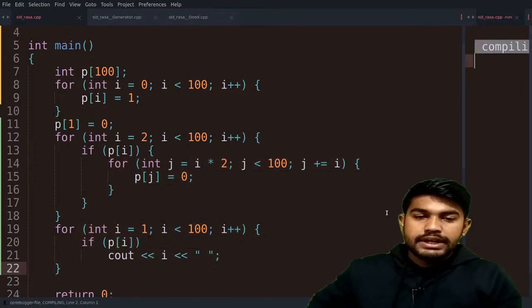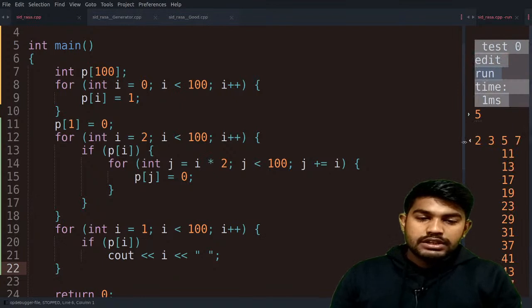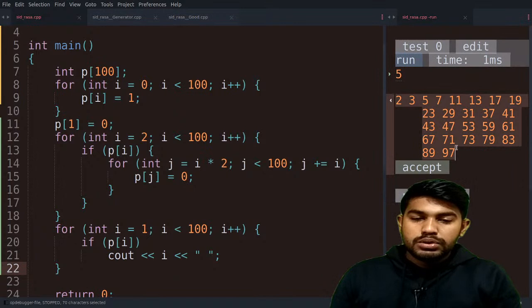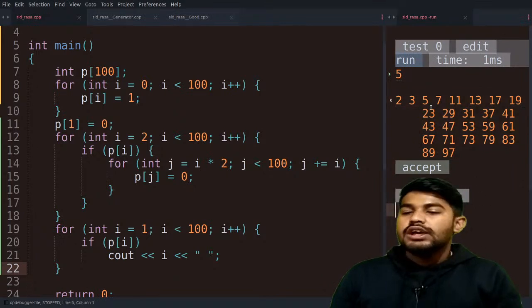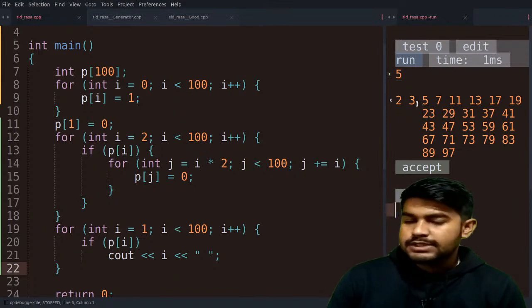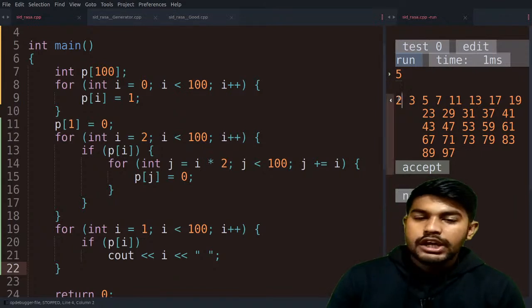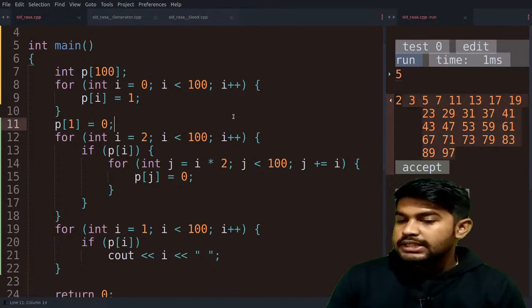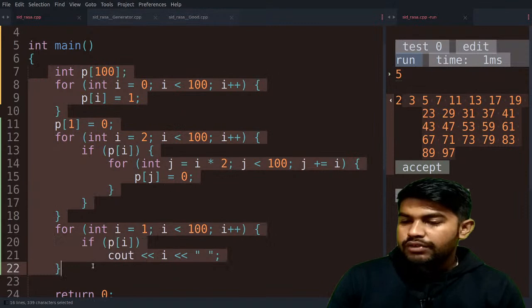So let's just print all the prime numbers, from 2 to less than 100. Even if we say less than equal to 100, it is fine because 100 is not a prime number. So 2, 3, 5, 7, 11, 13, 41, 61, these all numbers. This is the simple code of prime sieve.